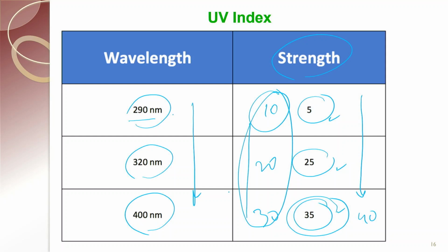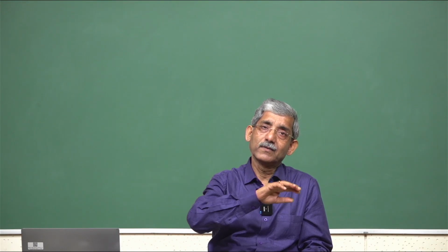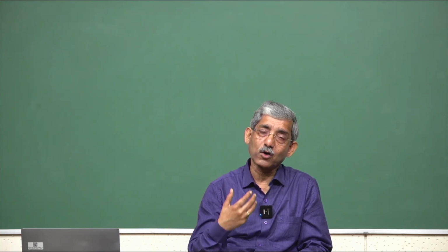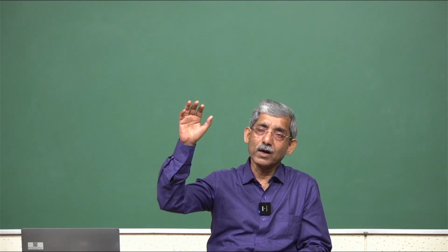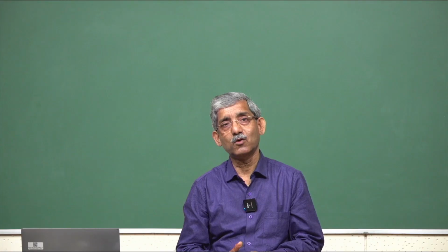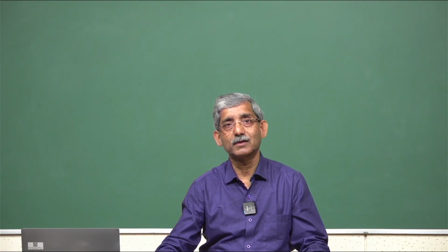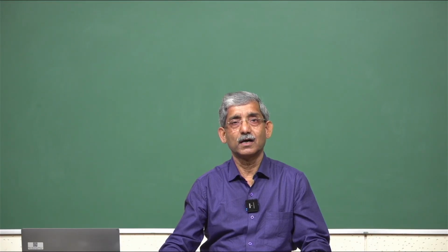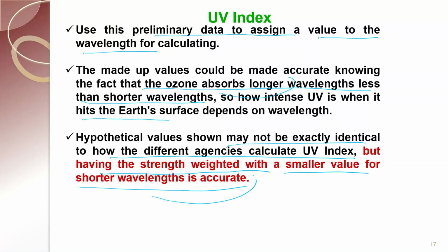That is always true, and all the agencies give a lower strength for shorter wavelength, because the quantity reaching the earth surface is low, because these are absorbed by the ozone layer. So, this is true for all the agencies when they try to calculate the UV index.